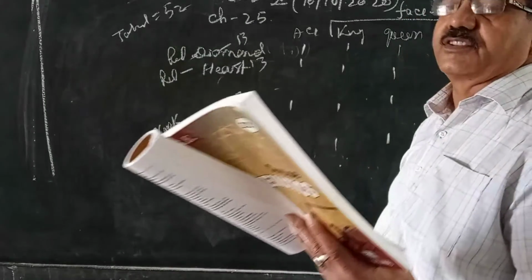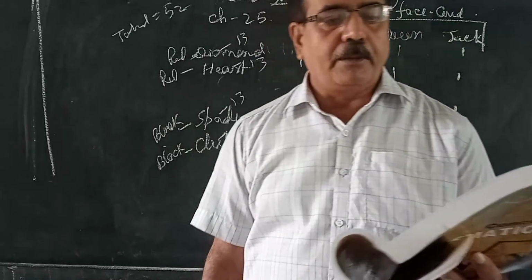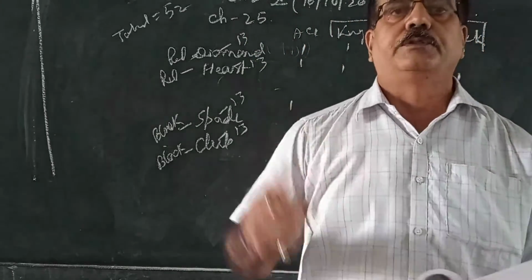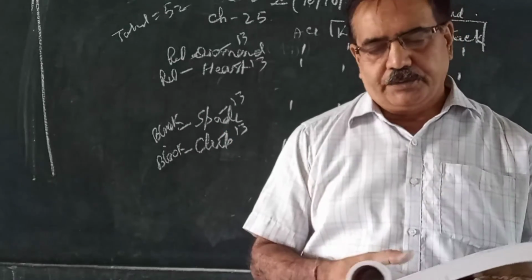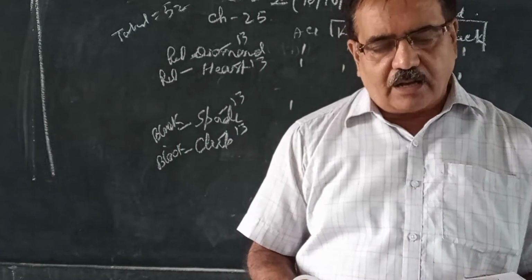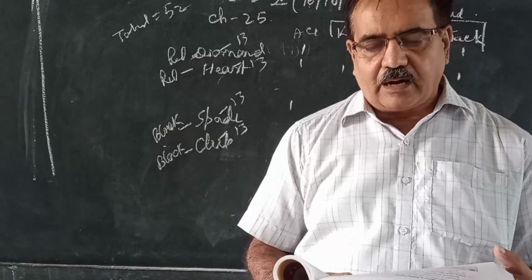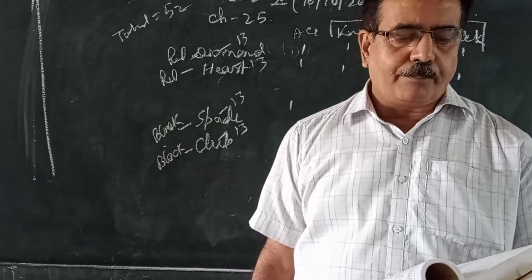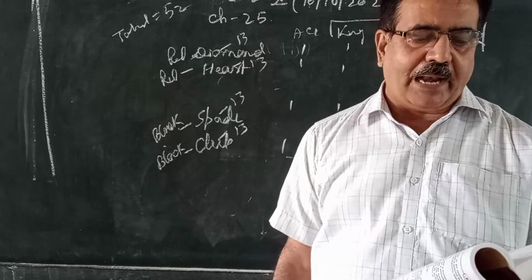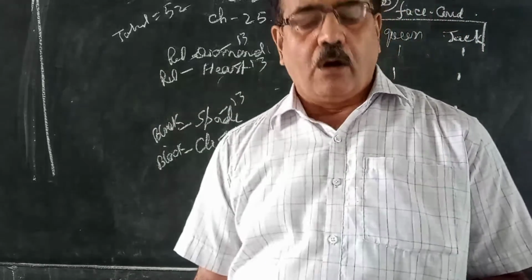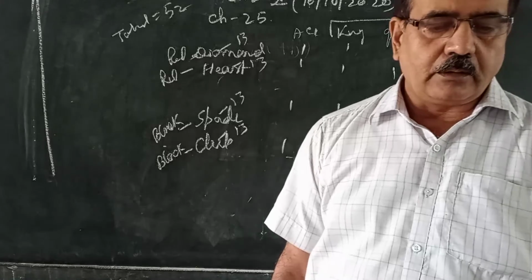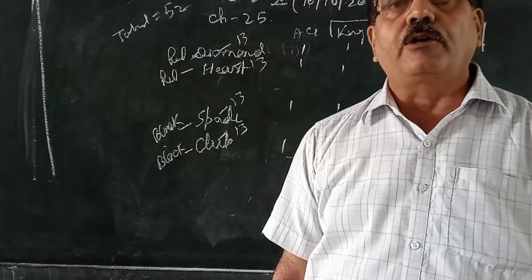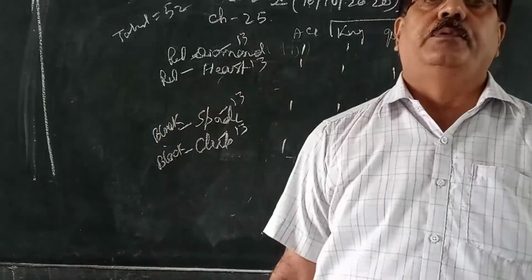Right. Now to solve the questions. First question: from a pack of 52 playing cards, the black face cards are removed. Face cards of black color are removed.